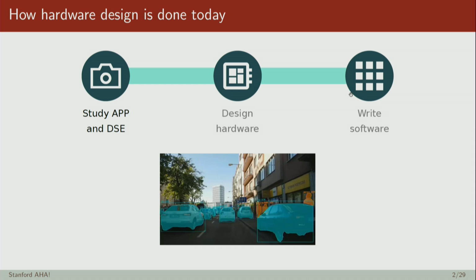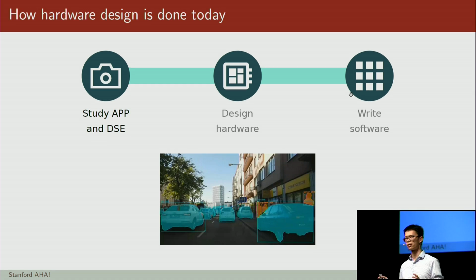For example, it's very popular to look at machine learning models right now. This kind of application study typically involves creating or finding tools to model the application performance, to figure out the best microarchitecture. This process is usually called design space exploration.